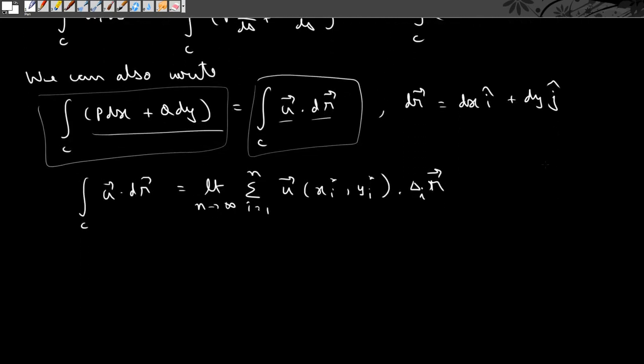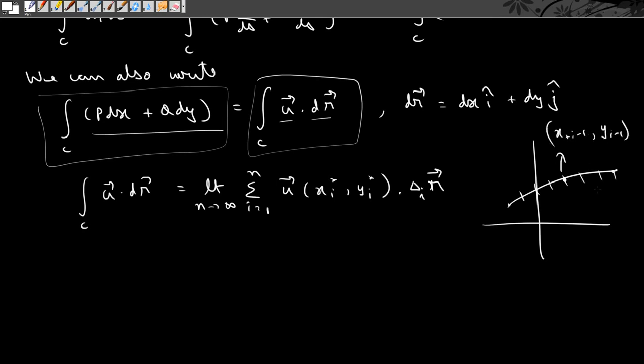What xi star, yi star mean is that if I have a curve like this which is divided into n parts, and this is the coordinate (xi minus 1, yi minus 1), and this is the coordinate (xi, yi), then (xi star, yi star) is nothing but some coordinate in between these two coordinates.